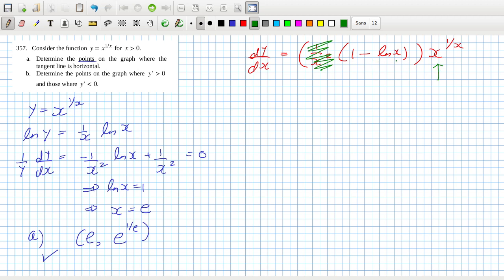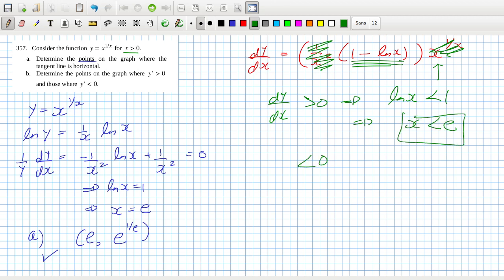Oh, so x has to be positive, so this isn't going to affect the sign. So it's just going to be with this again. So if you want this to be positive, that means that log x has to be less than 1, which means that x has to be less than e. And then if you want it the other way, it would be the opposite. x is more than e.